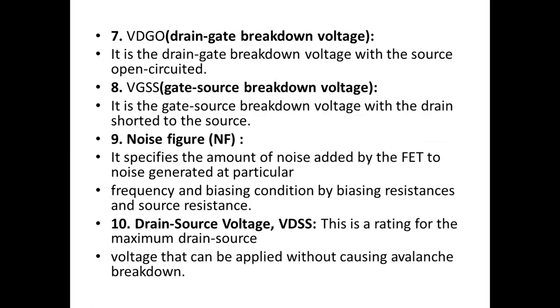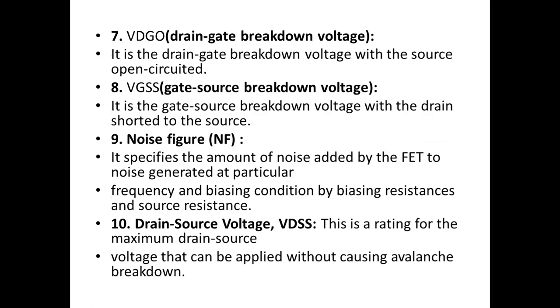It is the drain gate breakdown voltage with the source open circuited. When the source is open circuited, the breakdown voltage between the drain and gate is known as drain gate breakdown voltage. And gate to source breakdown voltage is the gate source breakdown voltage with the drain shorted to the source.